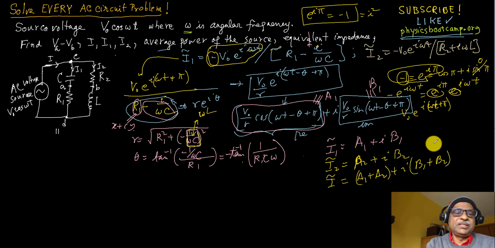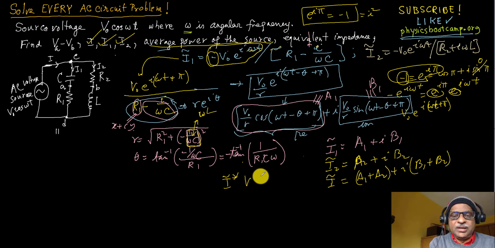So you can see I've got this guy, this guy, this guy. So the power of the source I can get from I tilde star V, V as in V e to the power I omega t.